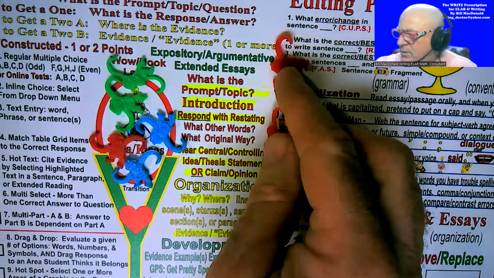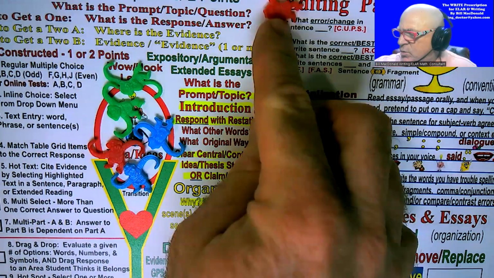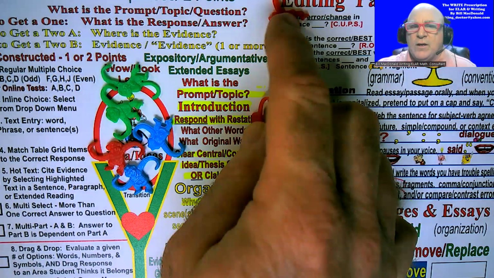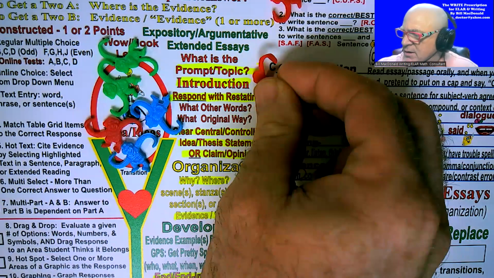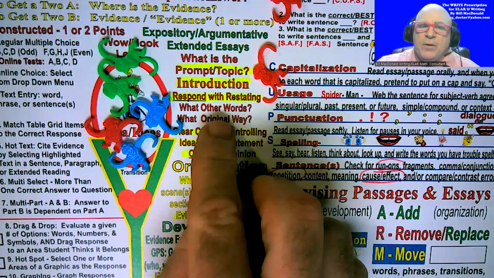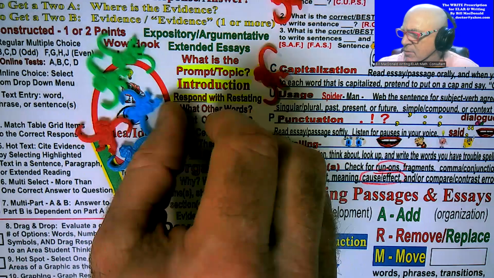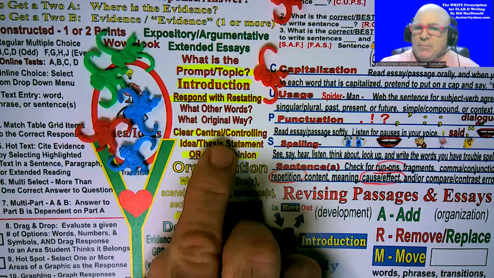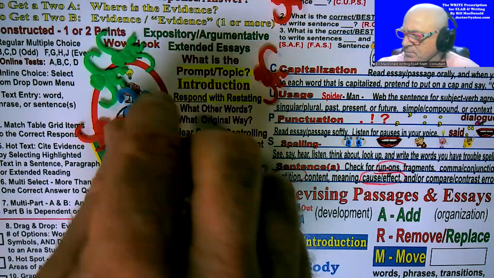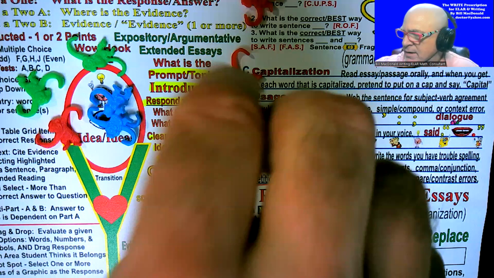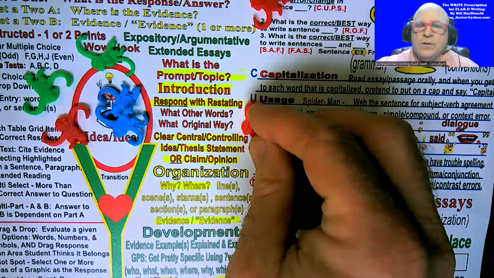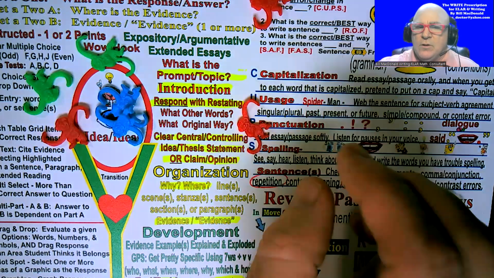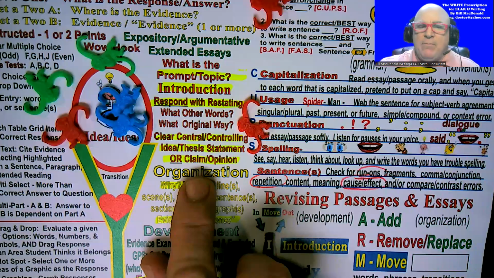But the part I want to focus on is what is the prompt, the topic, what are the key words, and because we have to have an introduction, then again your students can say, I'm going to respond to the topic with some restating to come up with either what's called my central idea statement for elementary, my controlling idea statement for middle school, my thesis statement for high school, or what would be the claim or the opinion in all the grade levels.